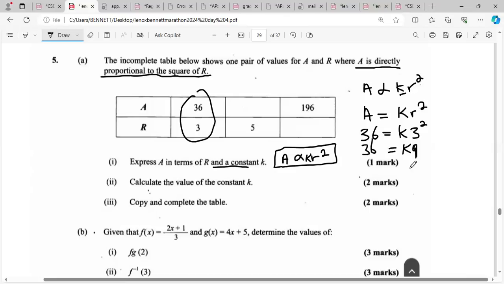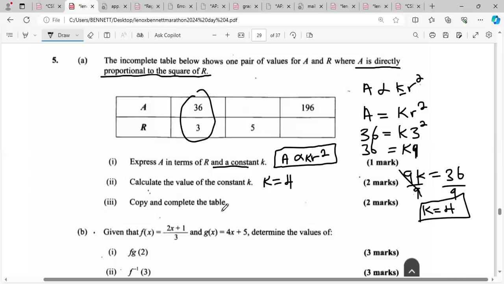So I can put it as 9K equals 36. And then now, to find the constant K, we divide both sides by 9. Once you get the constant K, you can find anything. So K is equal to 4. Once you find the constant K, you can find any number, whether up, down, it doesn't matter. So K works out to 4.